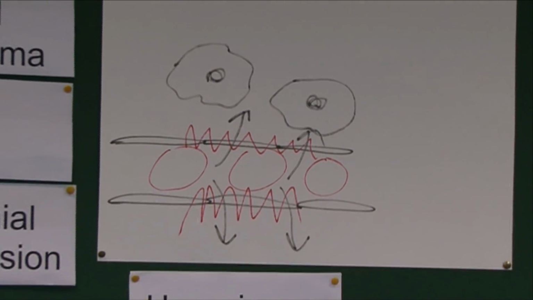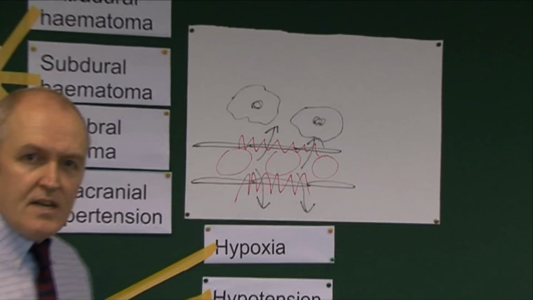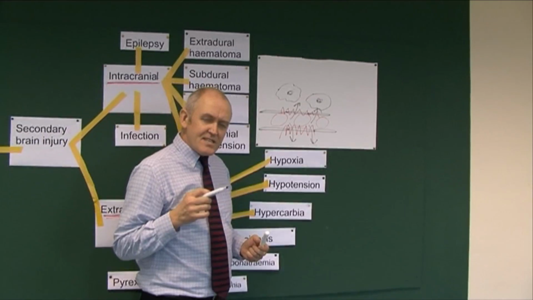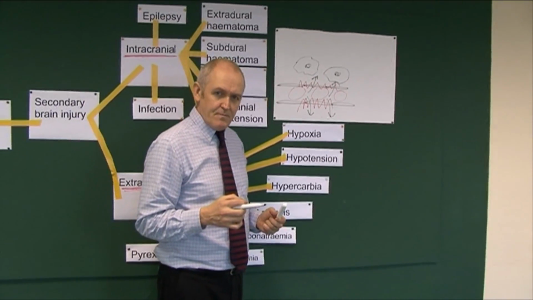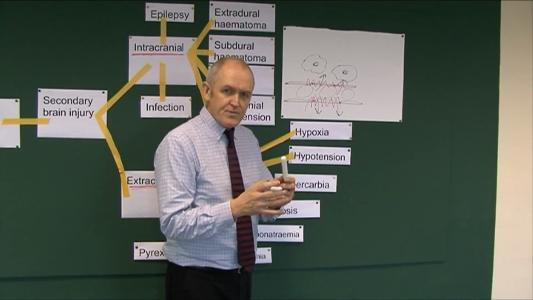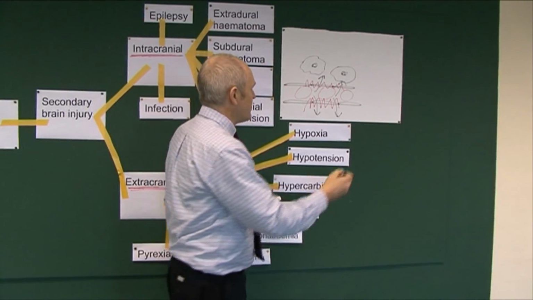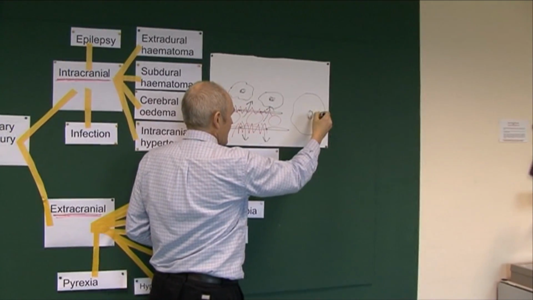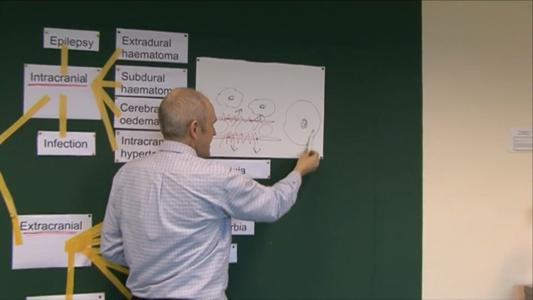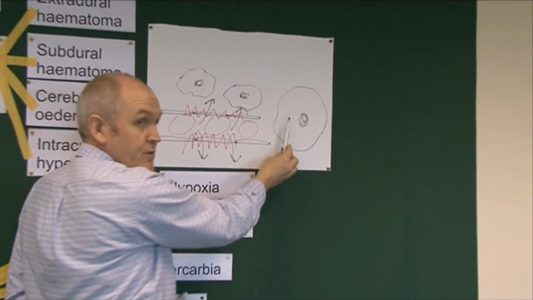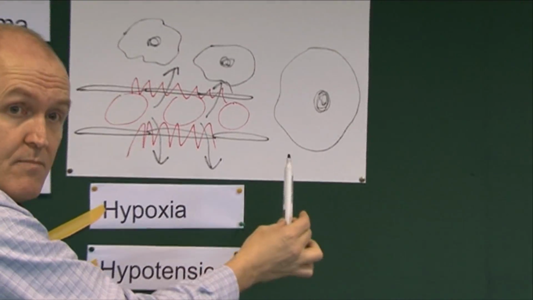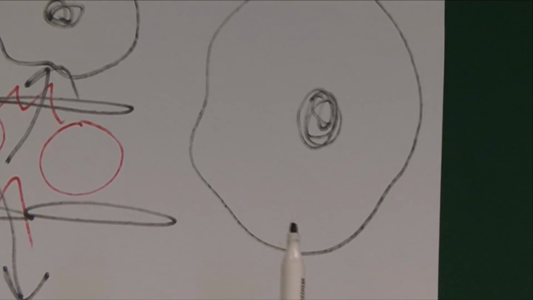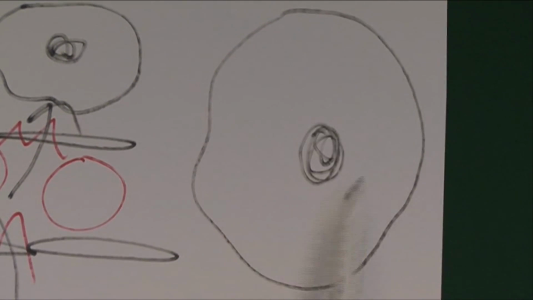Now the second type of cerebral edema after head injury is called cellular cerebral edema. And this has got a much more complicated mechanism, but the fluid comes from the cells. So normally you might remember when you have a cell, there's fluid inside the cell, in the cytoplasm. The fluid part of the cytoplasm, you might remember, is the cytosol. And a lot of body fluid is stored inside the cytosol.